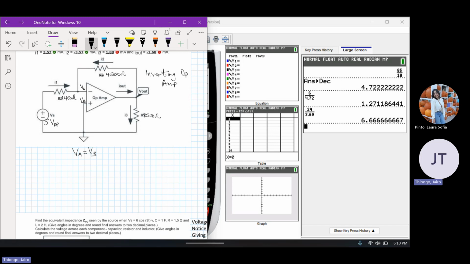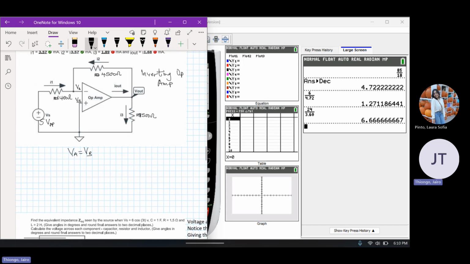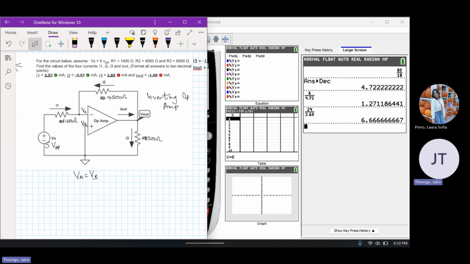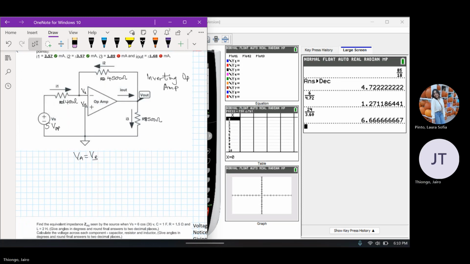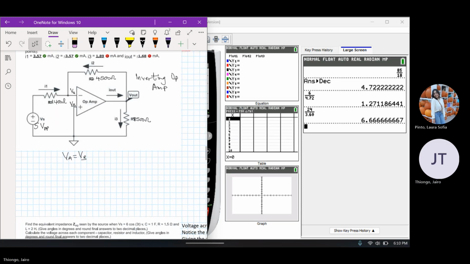The next thing we have to do, before we go on to find the different currents we've been given, is to find V out.